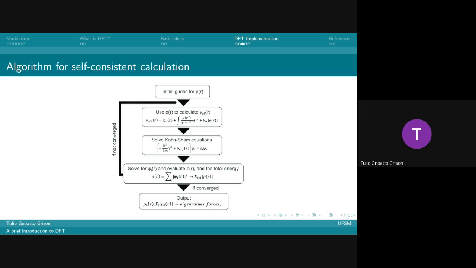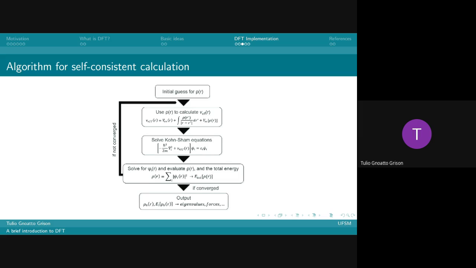Then, given the exchange-correlation term, we propose an electron density ρ, and we construct the effective potential V. Then we determine the Kohn-Sham orbitals with the resolution of the Schrödinger equation, which will give us a new electron density.